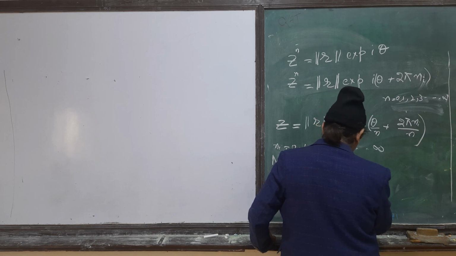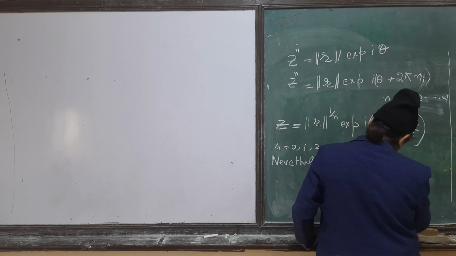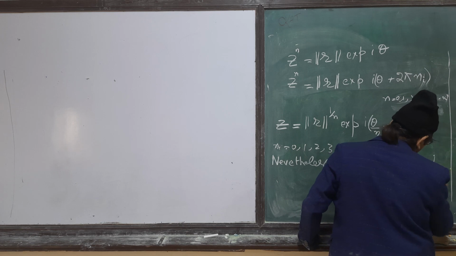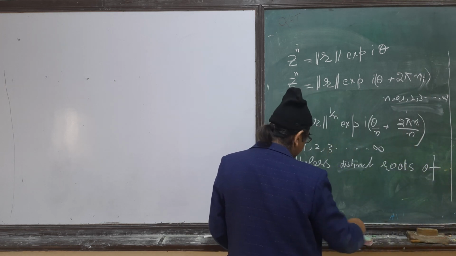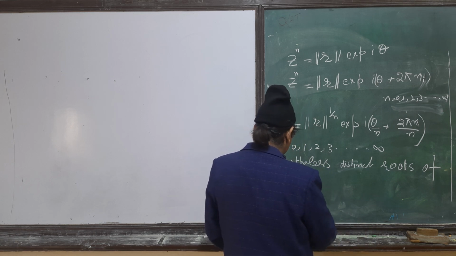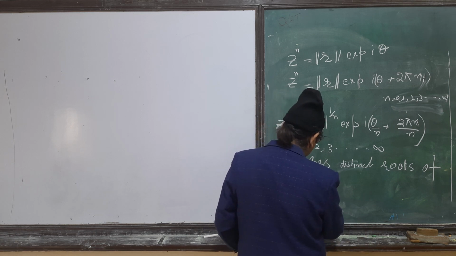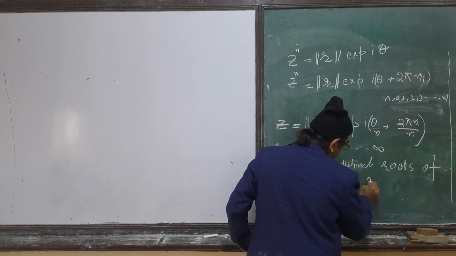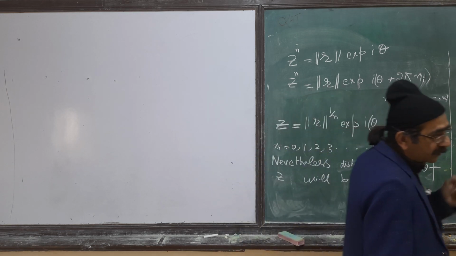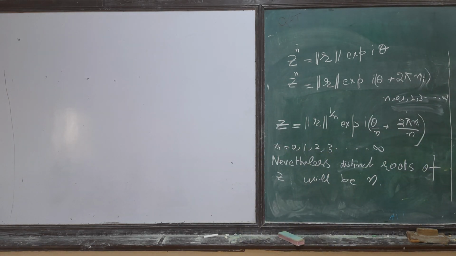But distinct roots of z will be n. That is a very surprising thing. So we have to stop here. If n is 3, I have to consider n 0, 1, 2, 3 up till.